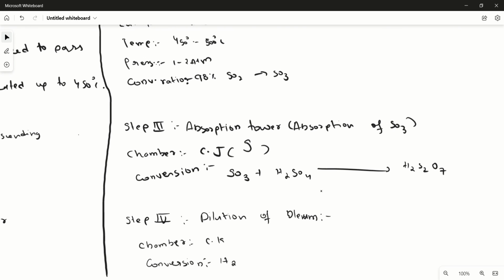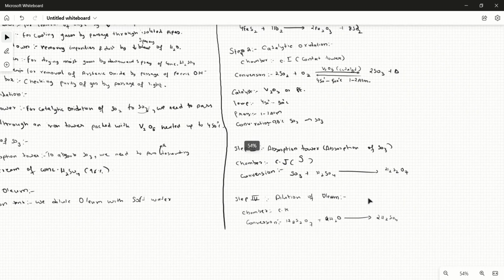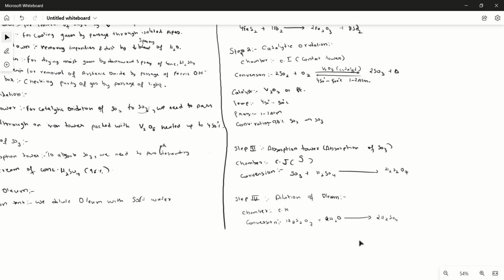The conversion goes like this: H2S2O7 plus H2O gives us 2H2SO4. Let me check if it's balanced. Yeah, it's balanced. We're fine. Yeah, so this is everything.